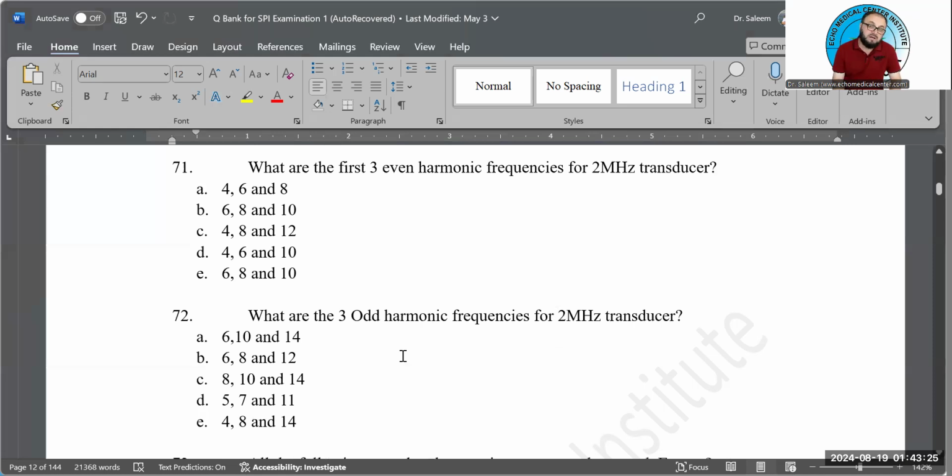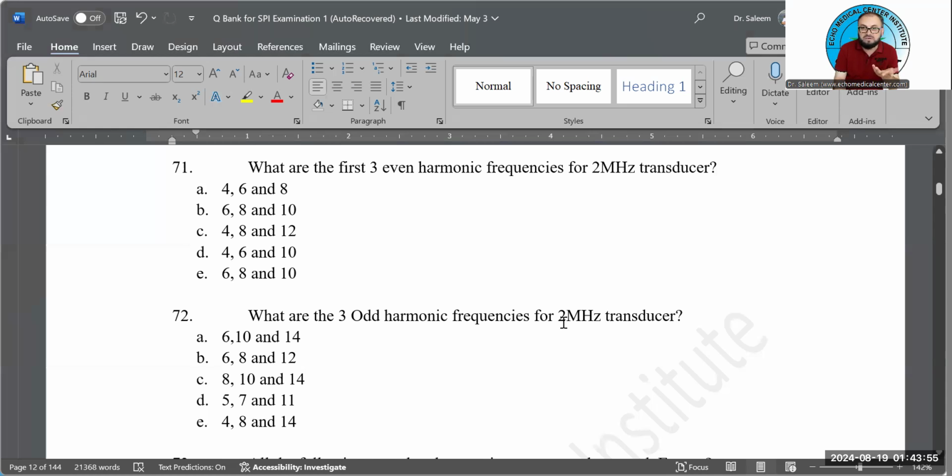Now here is a small, careful trick, a little thing that you have to keep in mind. For harmonics only, odd numbers are an exception. We understand odd numbers start from 1, but in harmonics, that is exceptional. Odd starts from 3, not from 1. Why? Because if you multiply 1 by 2, that will be 2 megahertz.